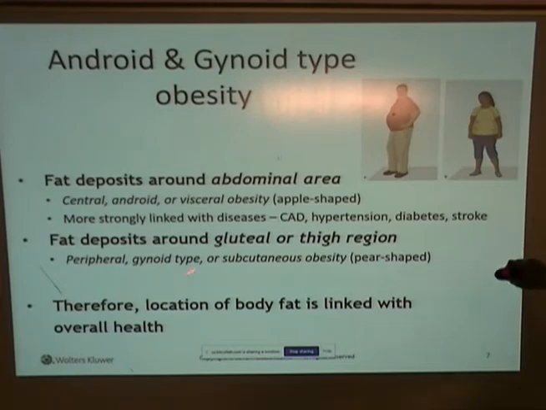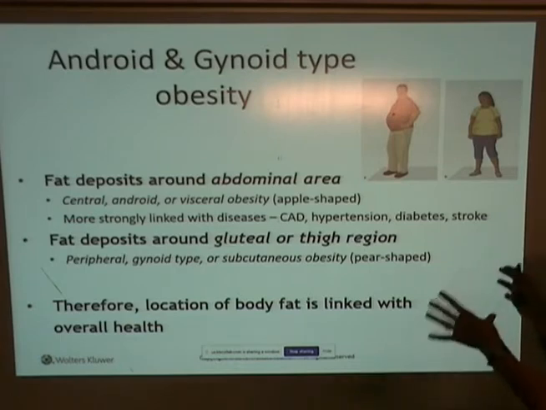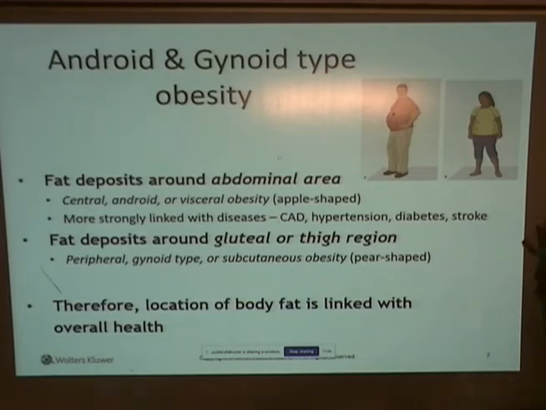The subcutaneous fat, in particular, lays itself around the butt and the thighs and the upper arms. Much more a female picture. Again, not that men don't develop what we call the pear shape, right? Some men do develop pear shape, not apple shape.